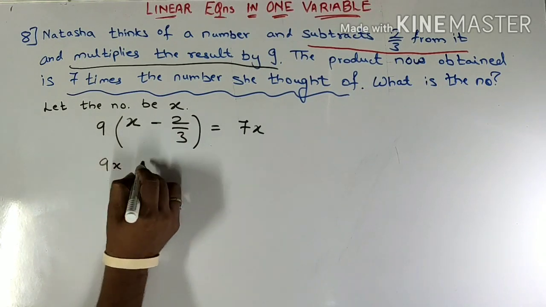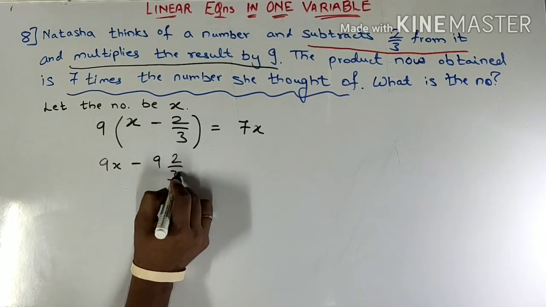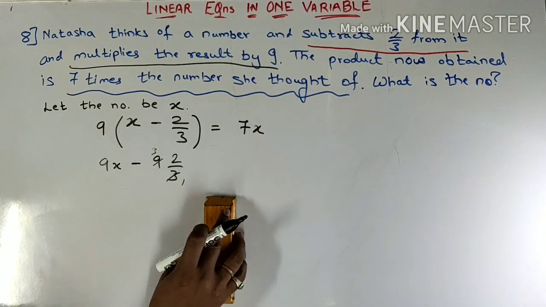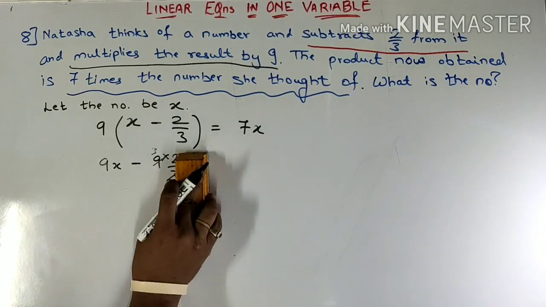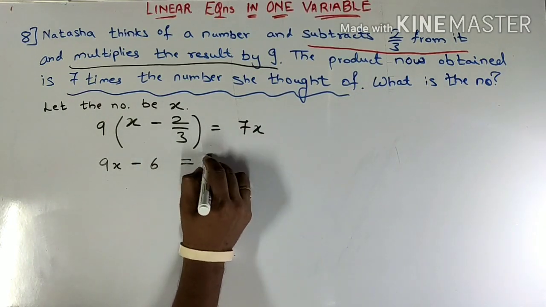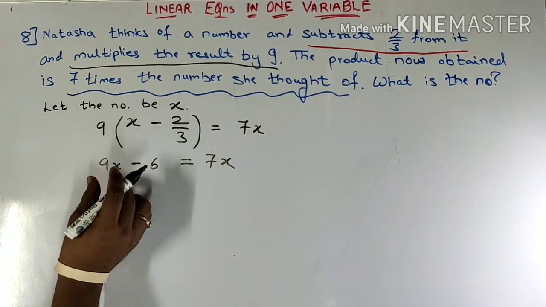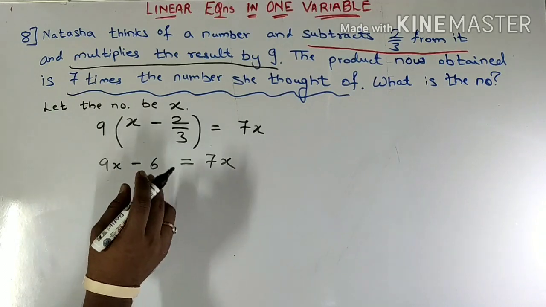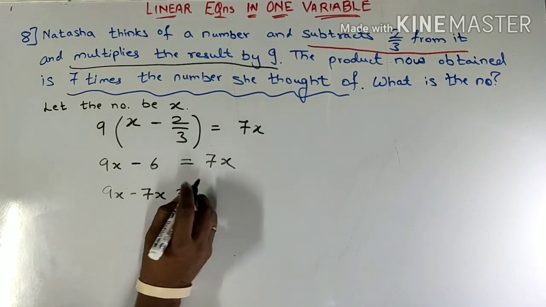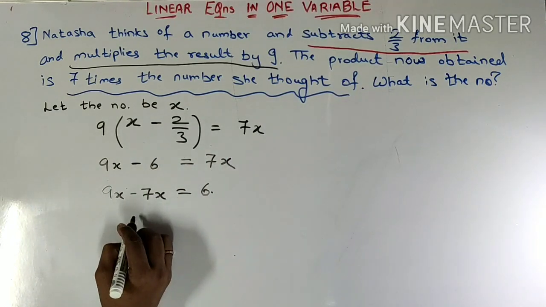So 9x minus 9 into 2 by 3. 9 into 2 by 3 is nothing but 3 ones are 3 and 3 threes are 9, so 2 into 3, that is 6, equals 7x. All the unknowns on one side, knowns on the other side. So 9x minus 7x is equal to minus 6, becomes plus 6. So what is the remainder?